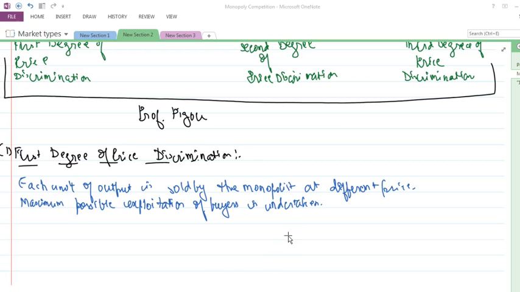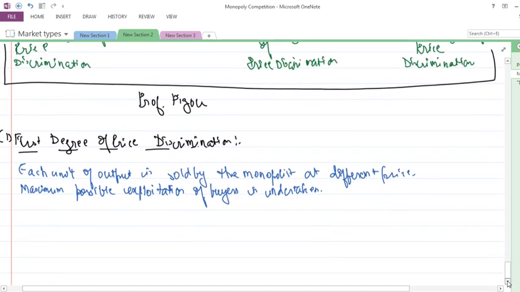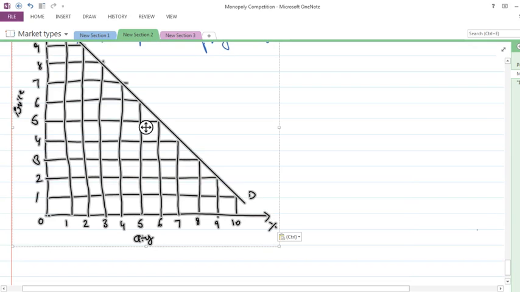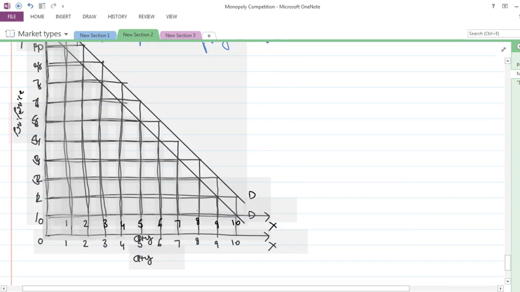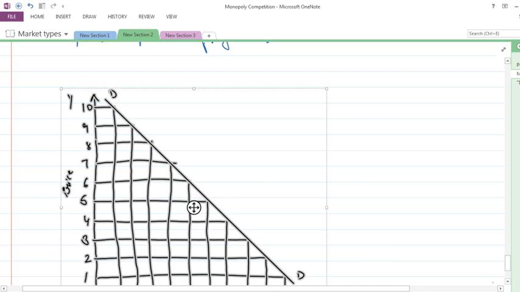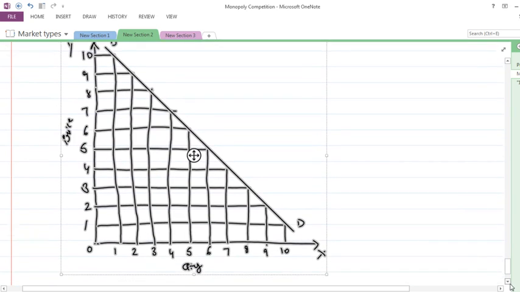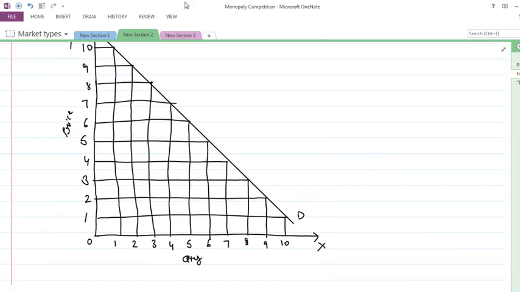So price discrimination can be understood in this manner. If a particular monopolist is trying to sell a commodity, he would be charging in this manner.